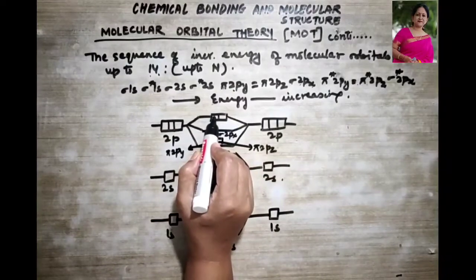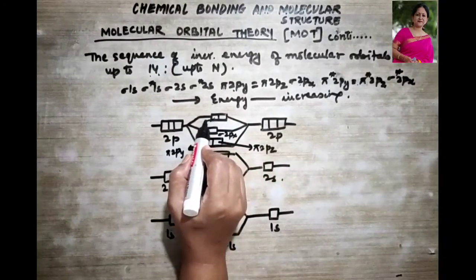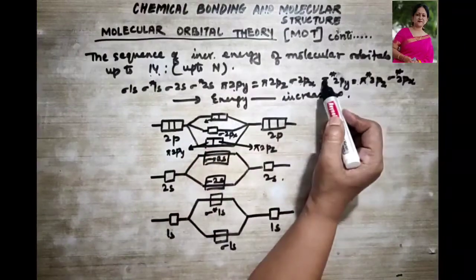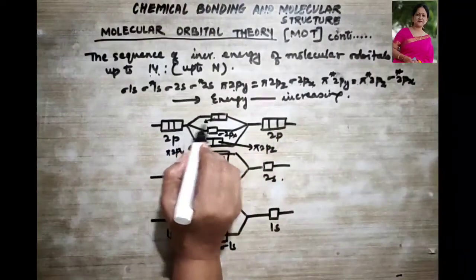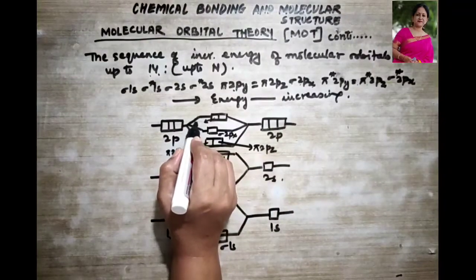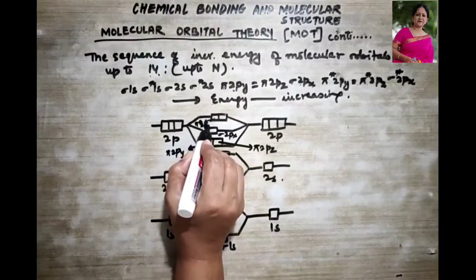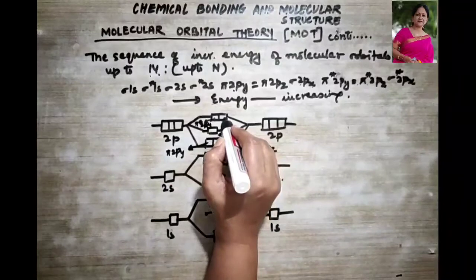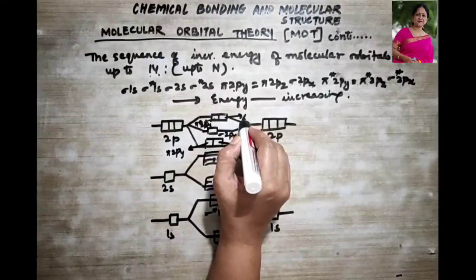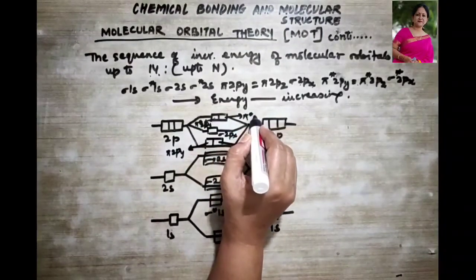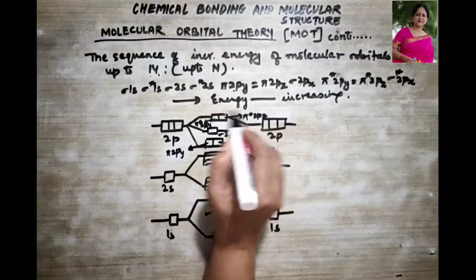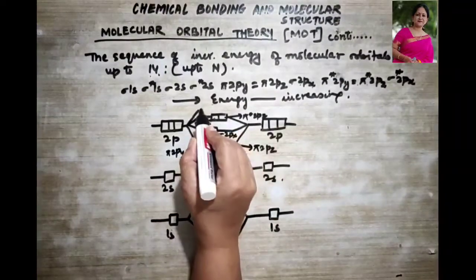This one is your antibonding pi star 2py, I hope you all can see it carefully, and this one is your antibonding pi star 2pz.